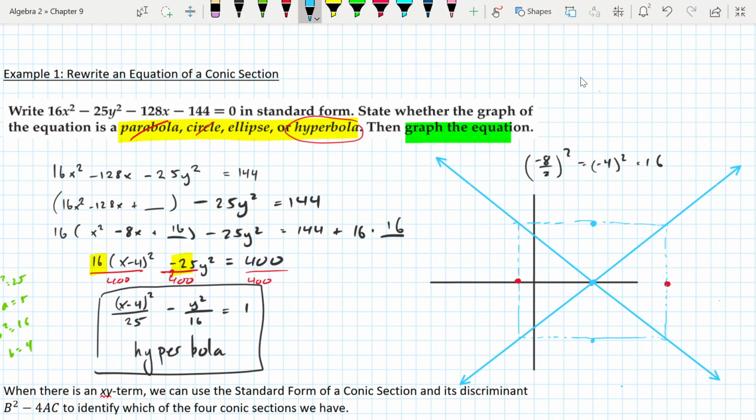All right, so there's my asymptotes. So my hyperbola is close to them, swoops down to the vertex, and then swoops back up and gets close to the asymptotes. Starts close, gets down to the vertex, and swoops close again to the other asymptote. And there is my hyperbola.